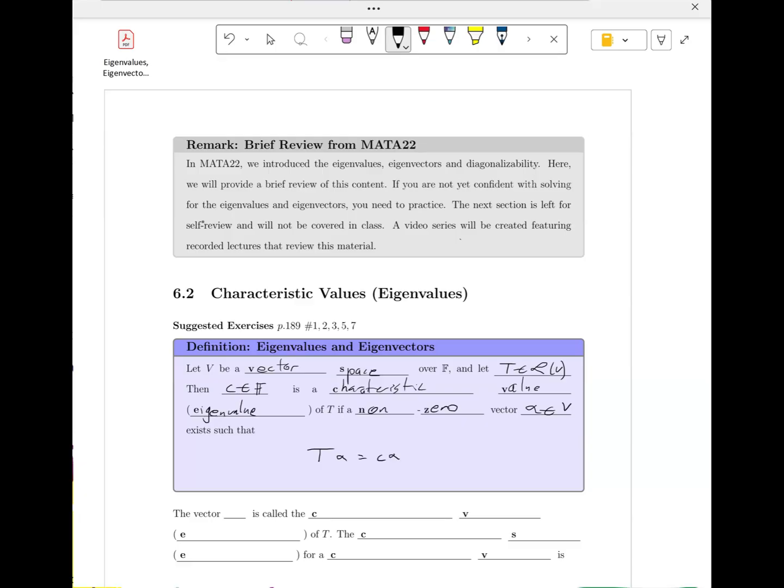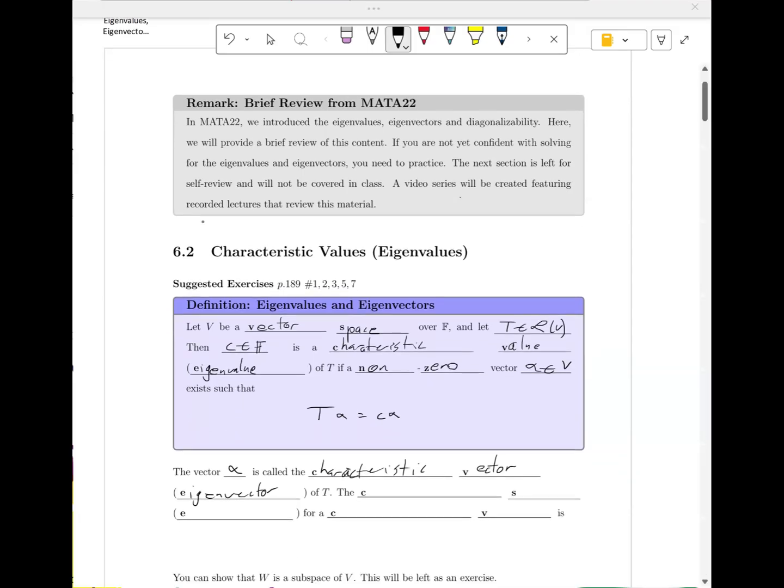The vector alpha is called the characteristic vector or eigenvector of T.